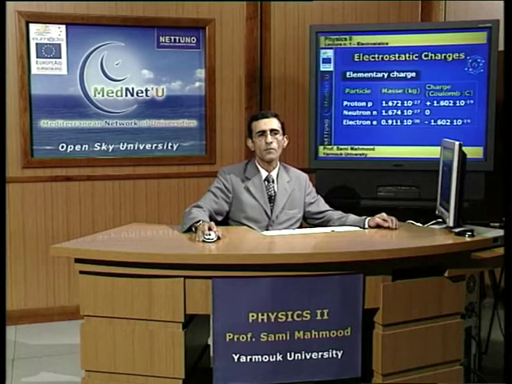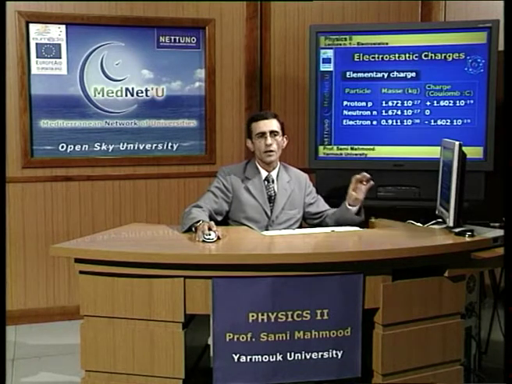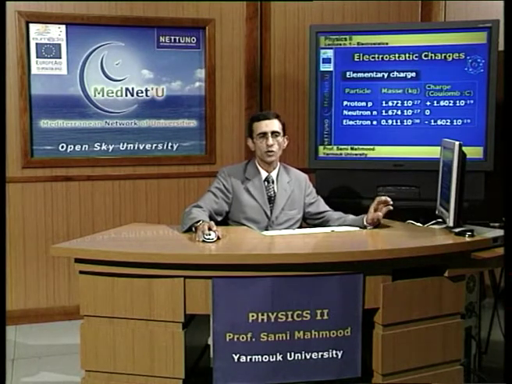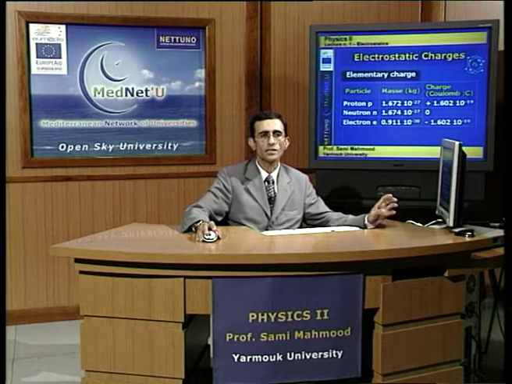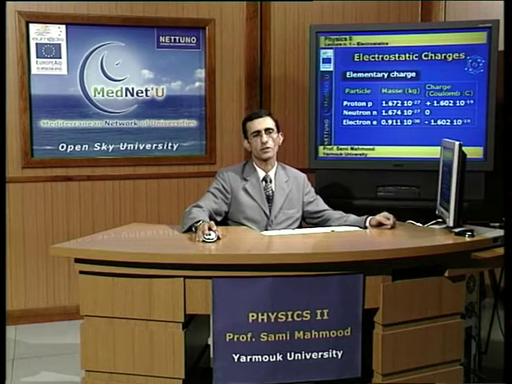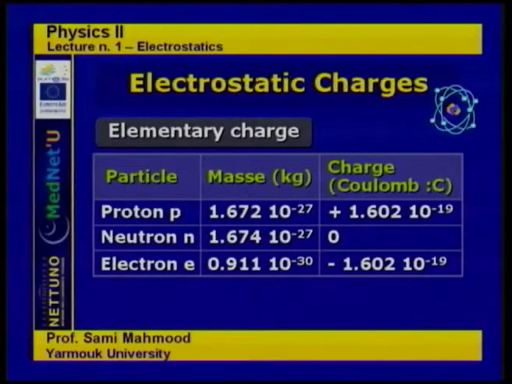So there is an elementary charge associated with the fundamental particles. I shouldn't say the elementary particles, because there are other particles which are more elementary than the protons and the neutrons. But for example, the characteristics or features of these particles are as follows.